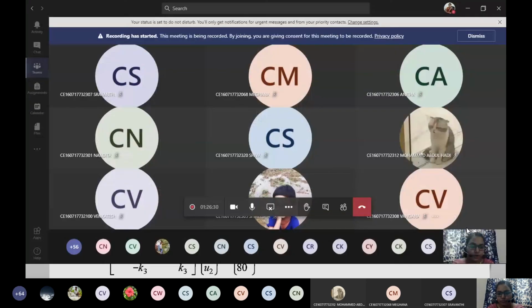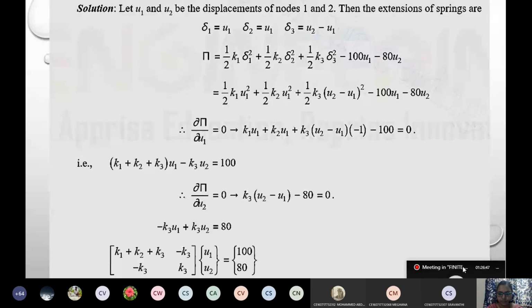I'll call you. Matrix multiplication. Any one person, what is U1?